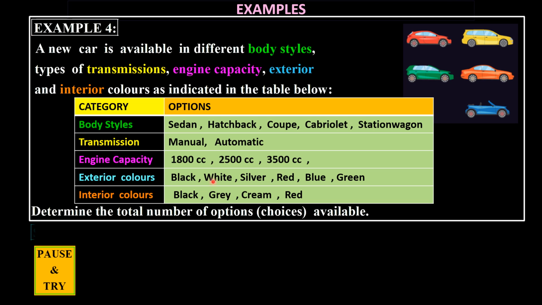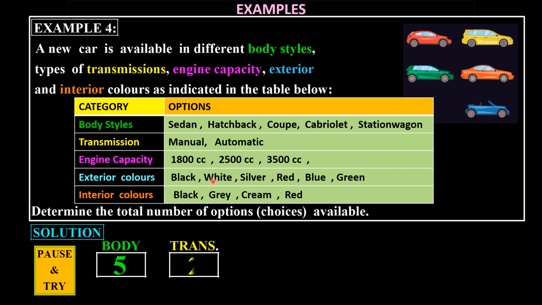Okay, let's see what we've done here. We have the body style, 5 options, and then the transmission, we have 2, and for the engine we have 3, and for the exterior colors you can count there 1, 2, 3, 4, 5, 6, and for the interior colors we have 4.